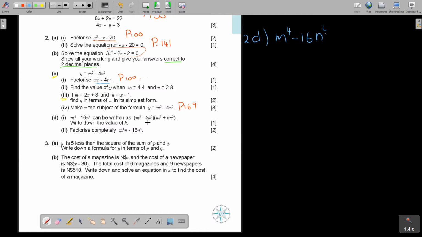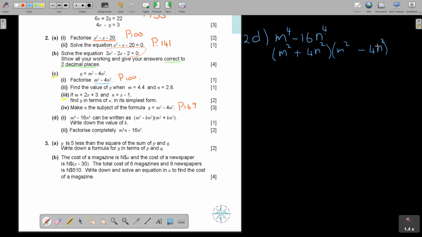It's actually just to show, oh, it's difference between two squares. So first do that. I'm just going to say this is 2 brackets. One is a positive, other one is a negative. So it's (m squared minus 4n squared)(m squared plus 4n squared).